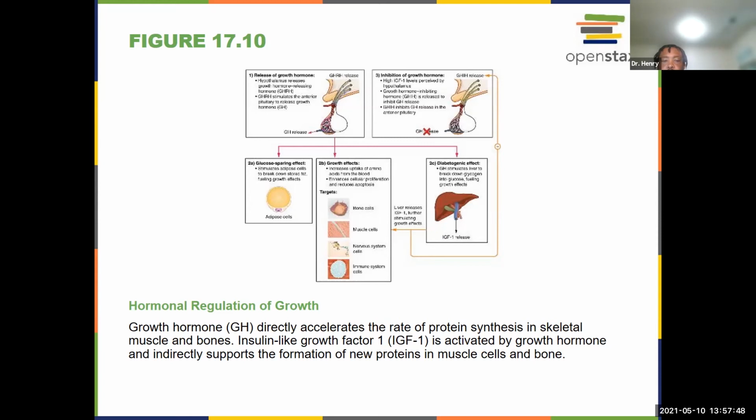Okay, and at the same time, those amino acids are also going to be generated so that we can get cell proliferation. During this process, after we get so much growth, we'll start producing the insulin-like growth factor.